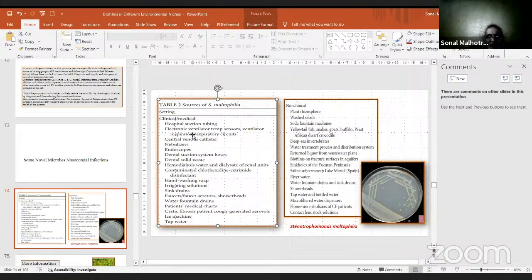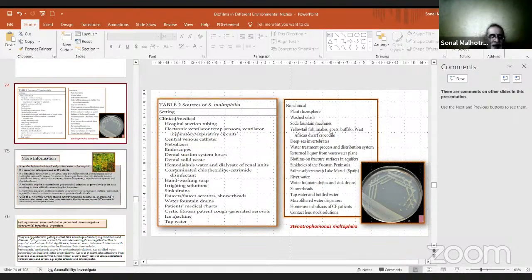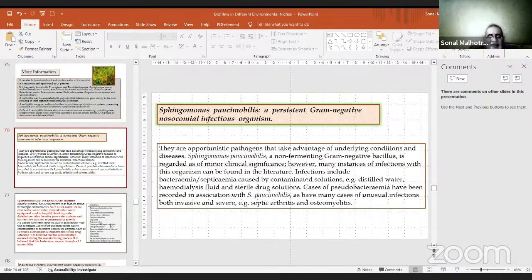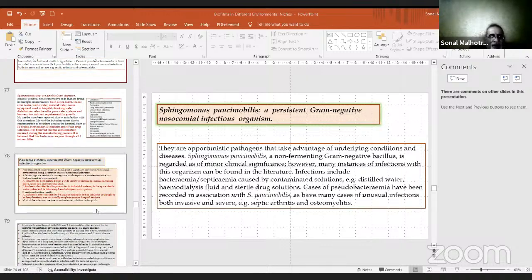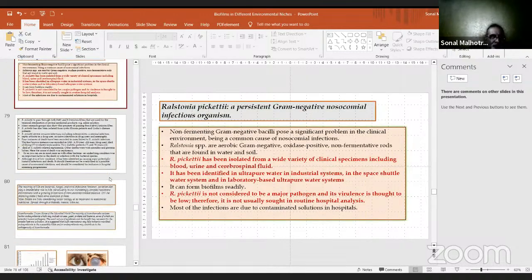People are discovering new bacteria because, with genomics, we're easily able to quantitate bacteria and find out what they're doing. Then there is another, Sphingomonas species. Then Ralstonia, another one that has come.